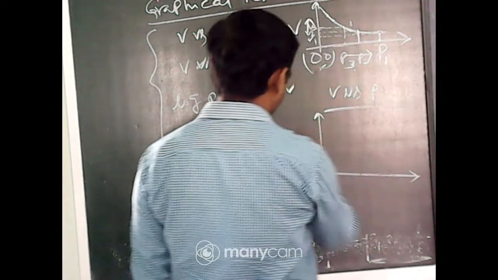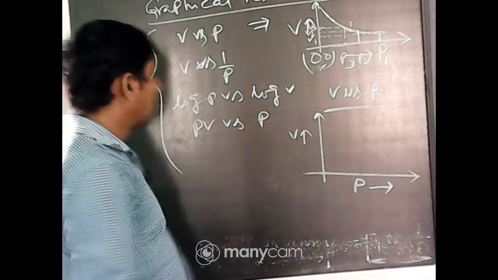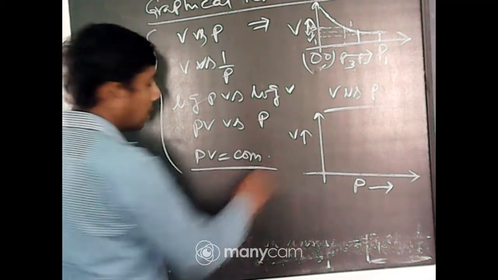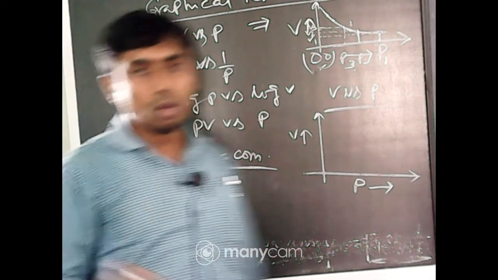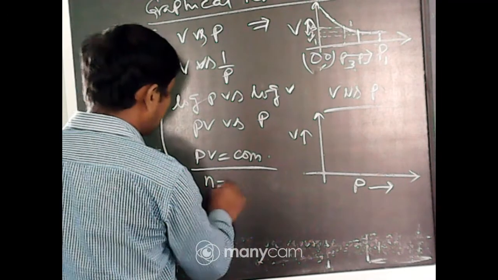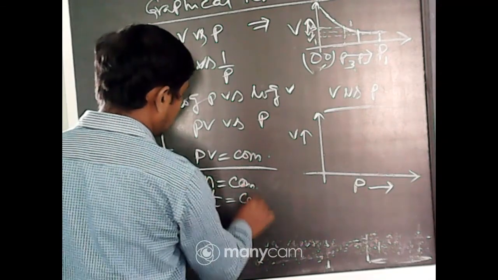Next, we will take the V versus P plot at different temperatures. Now, come to the point that PV equals constant. There were two considerations. Number one, the number of moles is constant, and also temperature is constant.